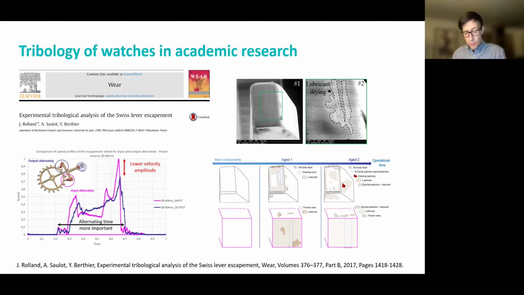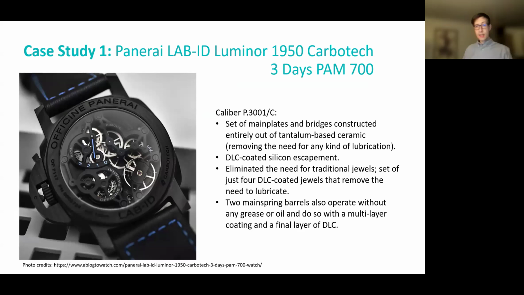So let me finish off by bringing three case studies where different tribological solutions play a significant role in the design of a mechanism or a watch. So let me start with this Panerai 1950 Carbotech.